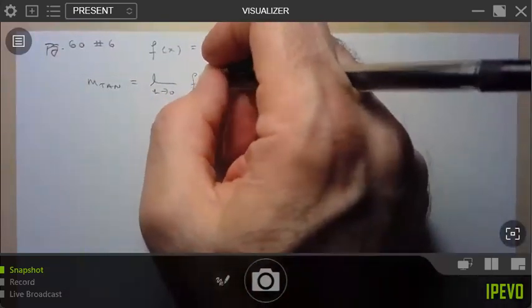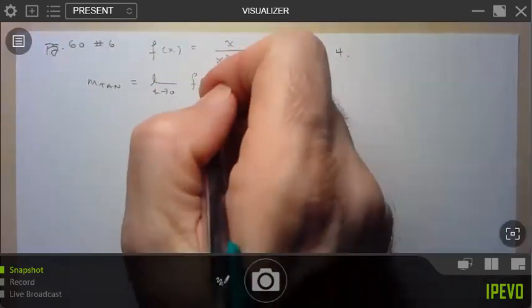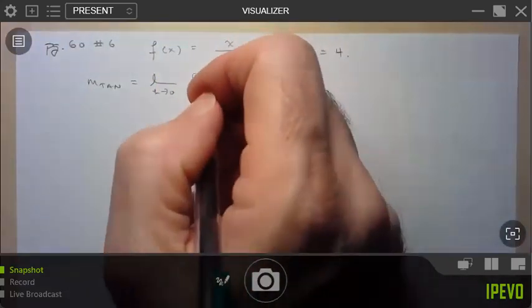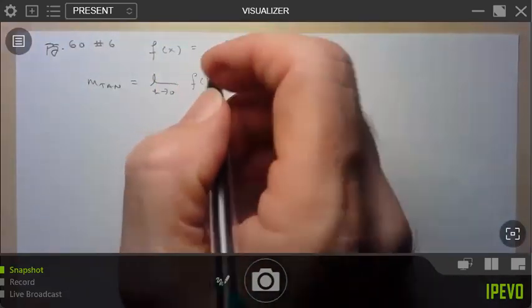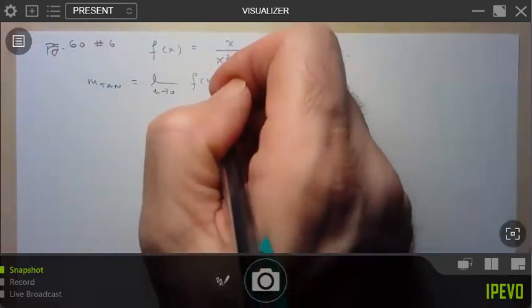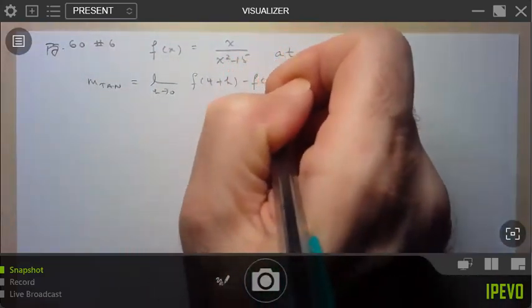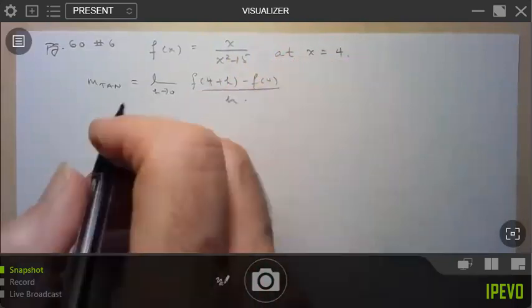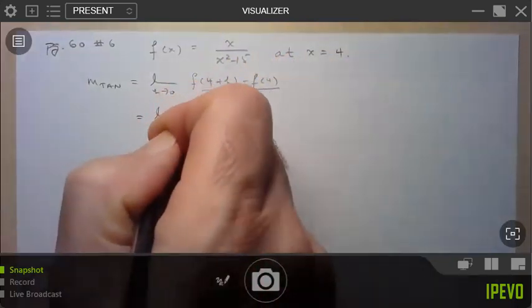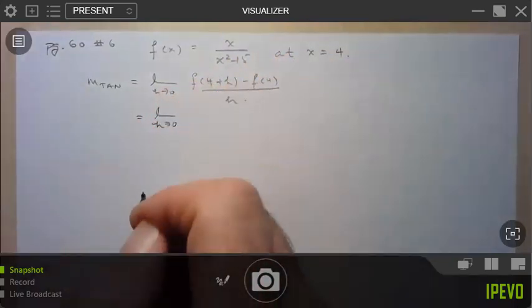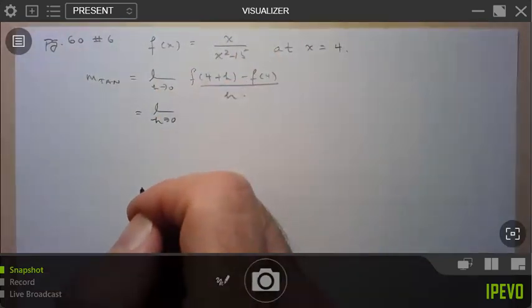Oops, it's at 4. Okay, let me put the definition right on so I can then follow it. So f at 4 plus h minus f at 4 all over h. And now let me very carefully input everything so that I'm starting off on a solid footing.